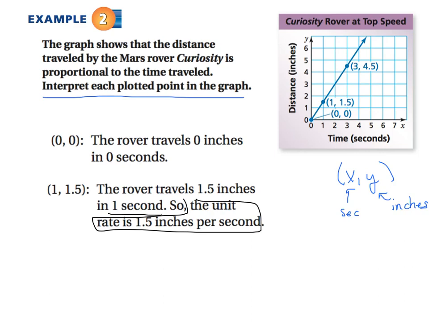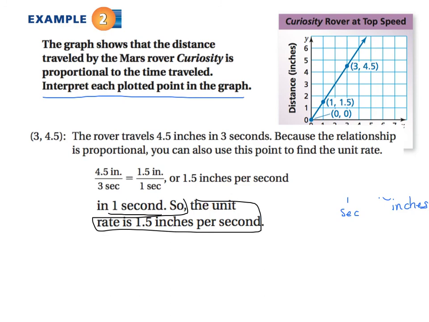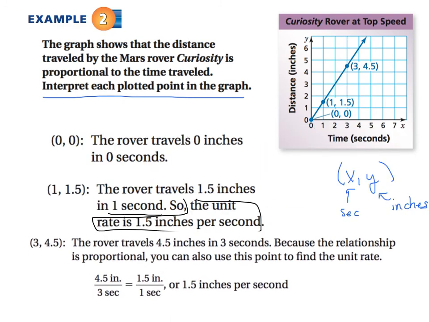Now lastly, 3, 4.5. That means the rover travels 4.5 inches in 3 seconds. Because the relationship is proportional, why? Because it's a line that goes through 0, 0. You can also use this point to find the unit rate. So you could take 4.5 inches divided by 3 seconds, and you would also get 1.5 inches per second.